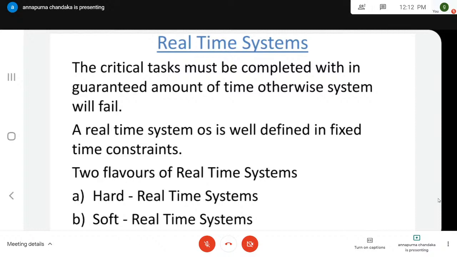Why? Because in the example we gave, the critical task must be completed in a guaranteed amount of time, otherwise the system is going to fail.